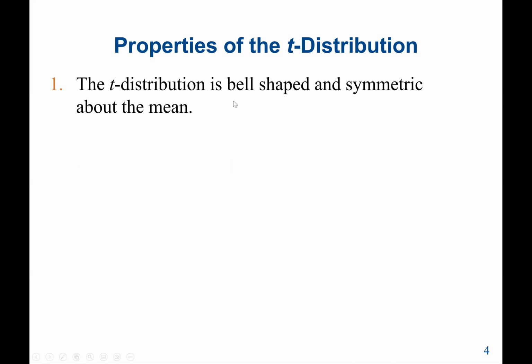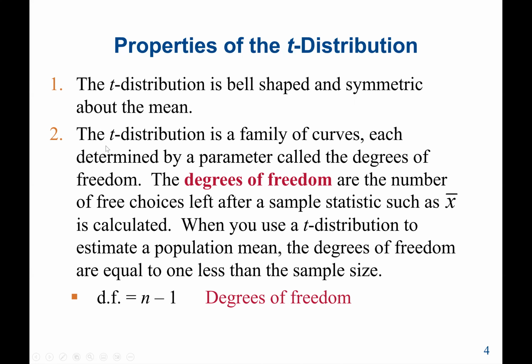So the properties of the t-distribution: one, the t-distribution is bell shaped and symmetric about the mean, which means it's similar to the normal distribution. Then also the t-distribution is a family of curves, each determined by a parameter called the degrees of freedom.